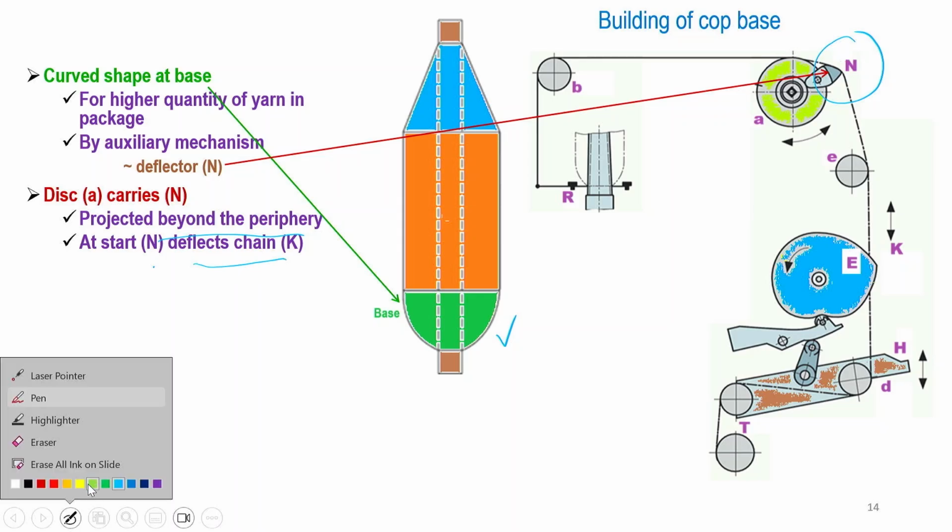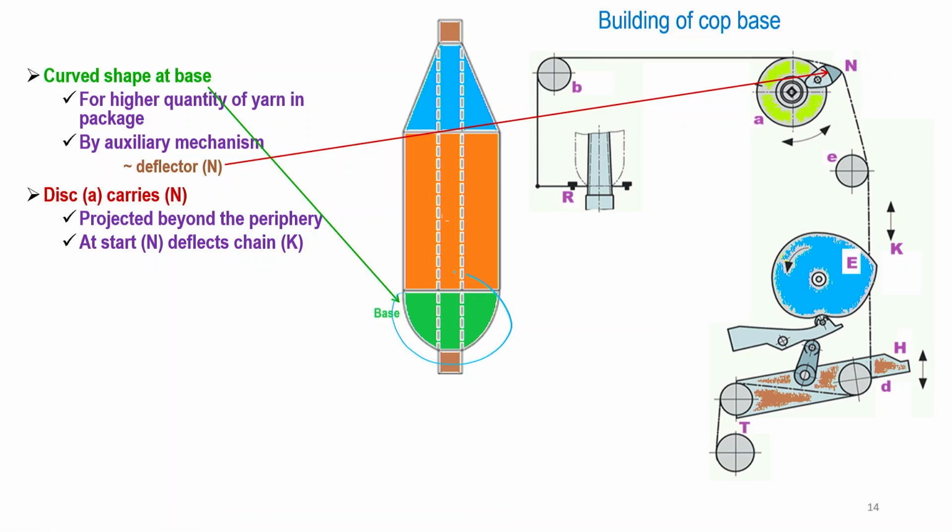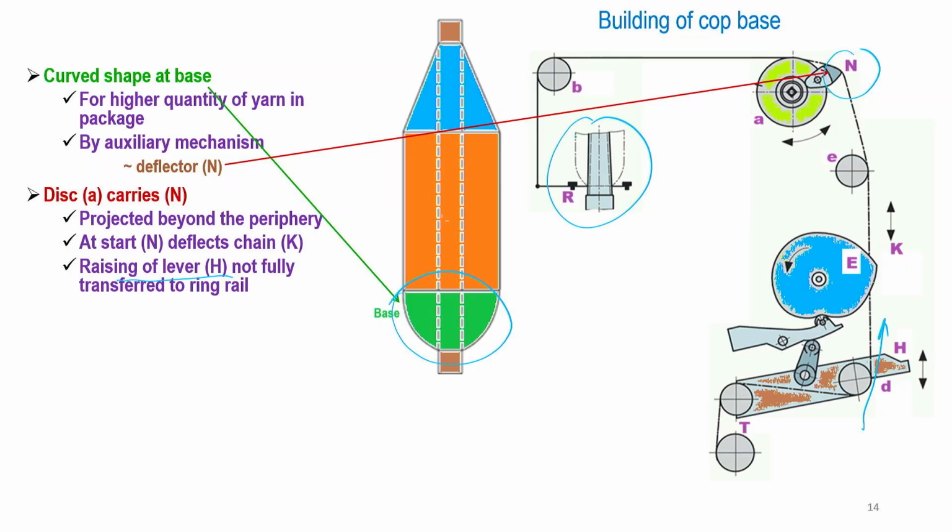So, at the initial starting position, N is positioned in such a fashion that it deflects the chain and the rising lever H. This rising of the lever is not fully transferred to the ring rail. That means the ring rail moves a shorter distance, and the volume per layer will be increased.